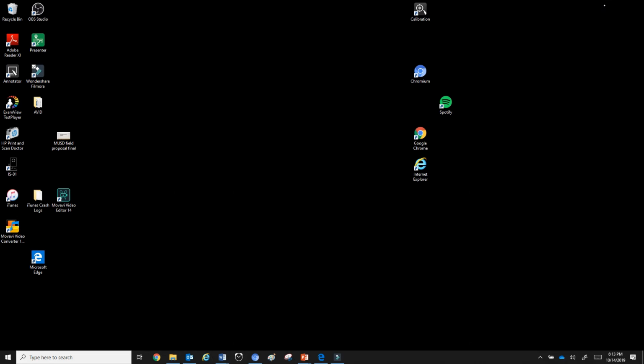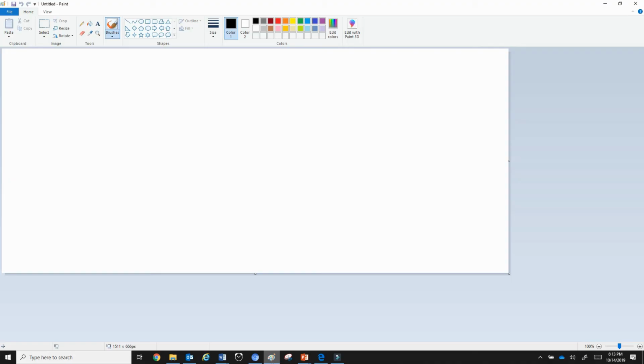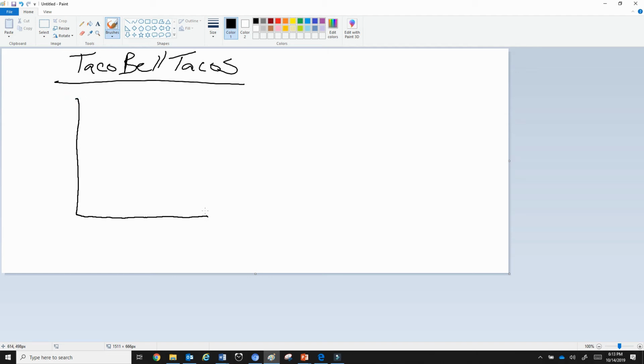So let us go back and draw a graph. So the first thing that we're going to want to do, of course, is give ourselves a little title. Taco Bell tacos. There we go. That's our title for the graph. And now let us start drawing the graph.